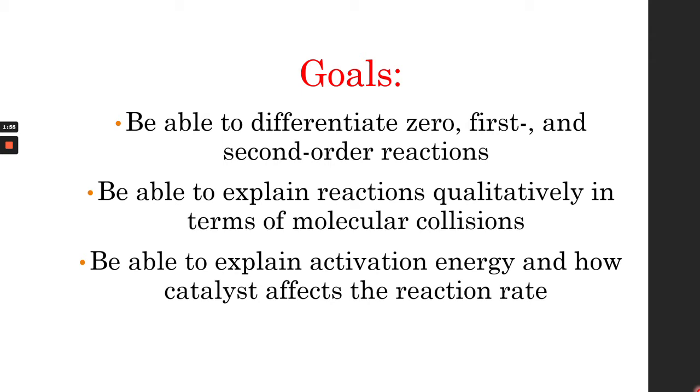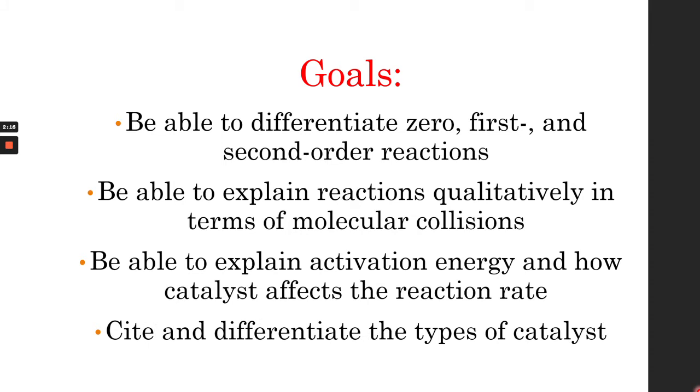We've tackled a little bit about the activation energy, more specifically when we were discussing catalyst. The catalyst lowers the activation energy. But the question that we haven't really answered is, what is activation energy? So today we'll be discussing what activation energy is and how catalyst truly affects it. And lastly, we want to be able to identify some different types of catalysts. There are two categories or two types of catalysts that we are talking about today.